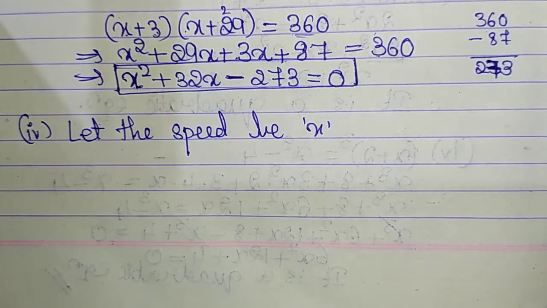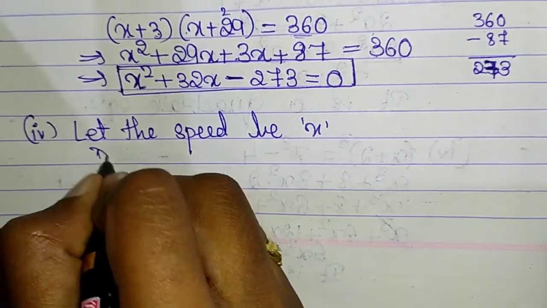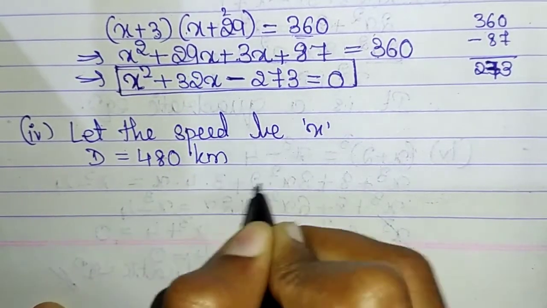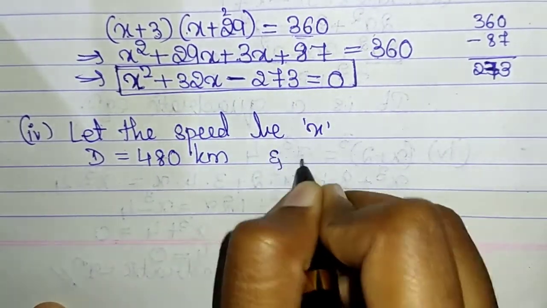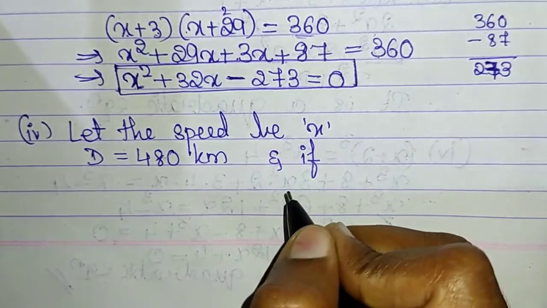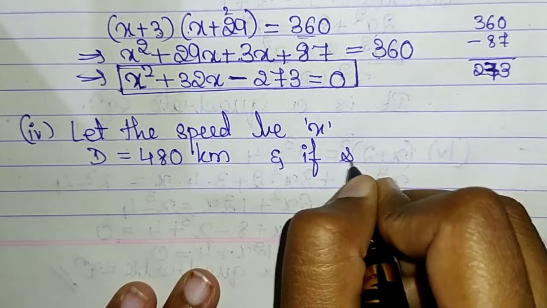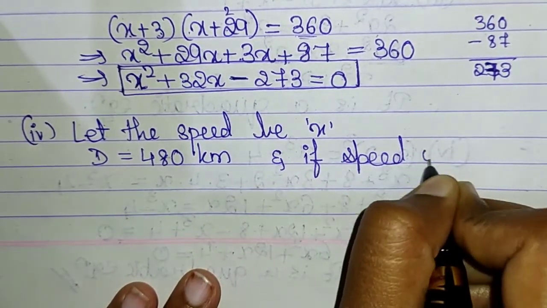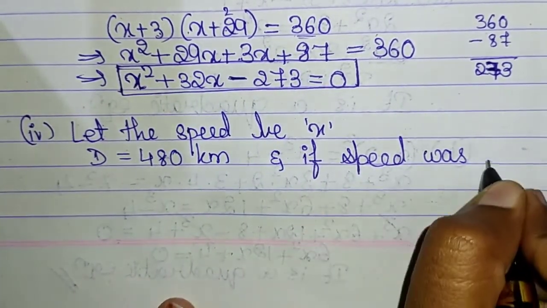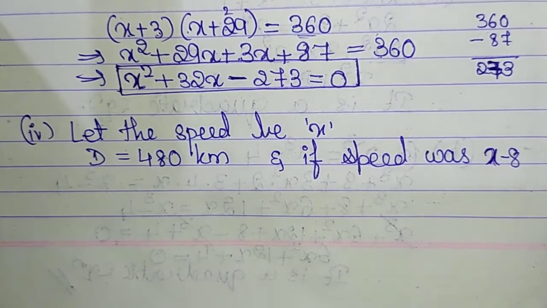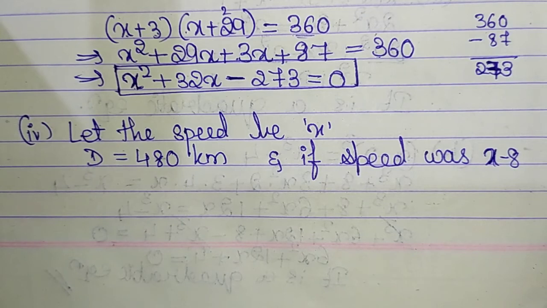They have told us that the distance traveled by this train is equal to 480 kilometers. And if speed was 8 km per hour less, that is, if speed was x minus 8, then it would have taken 3 hours more.